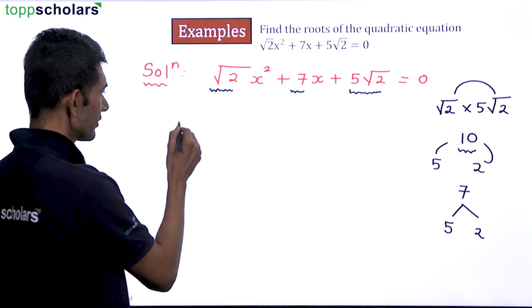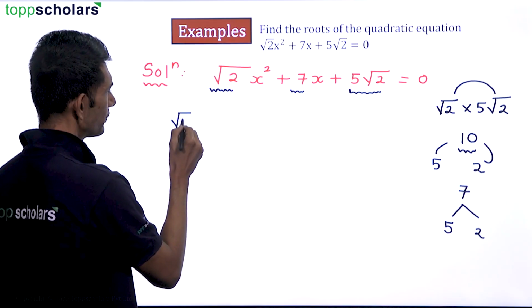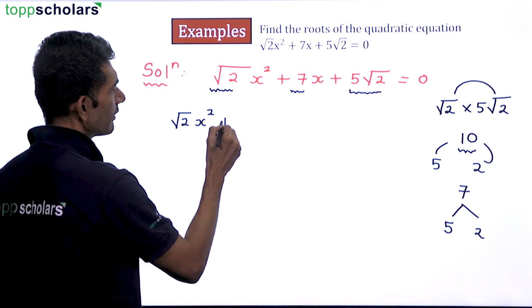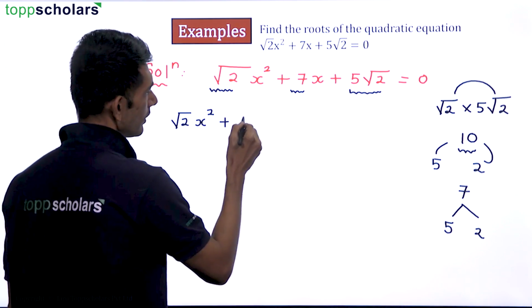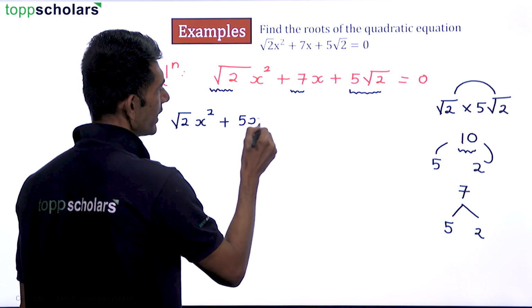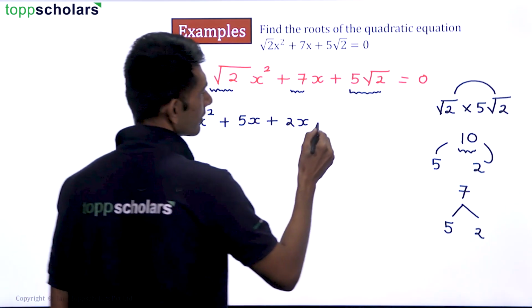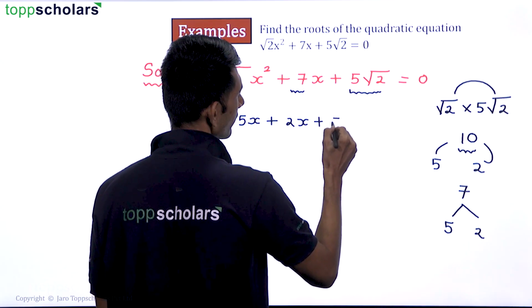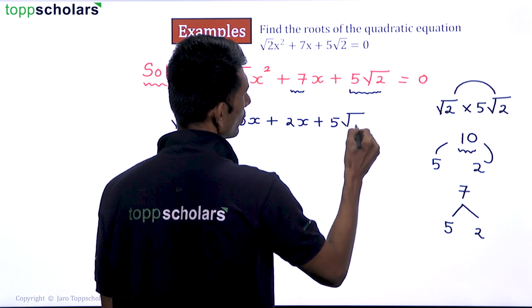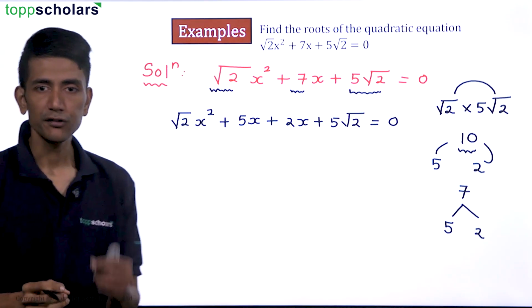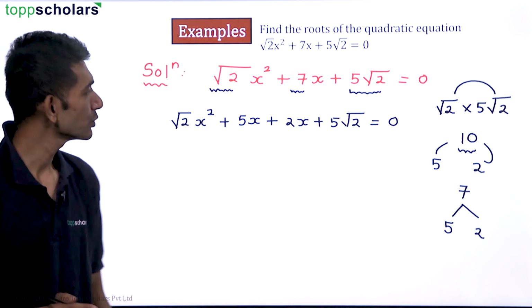So let us split this. You get under root 2 x square plus 7x becomes 5x plus 2x plus 5 root 2 is equal to 0. So we have split 7x as 5x plus 2x.